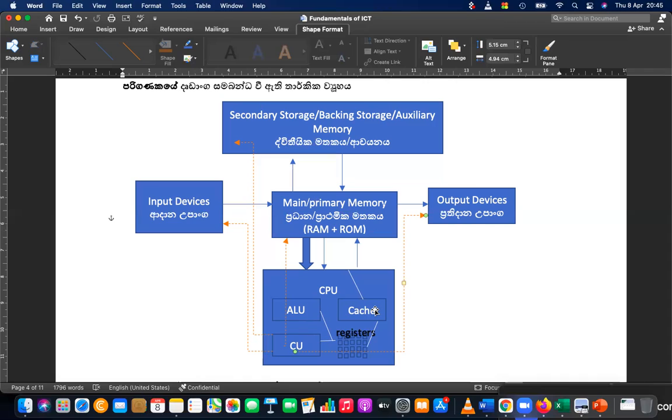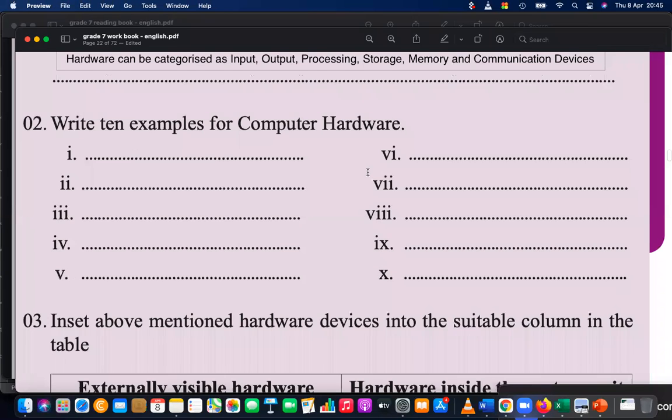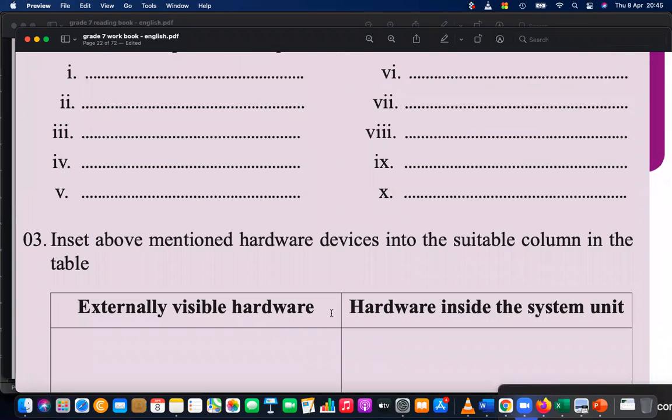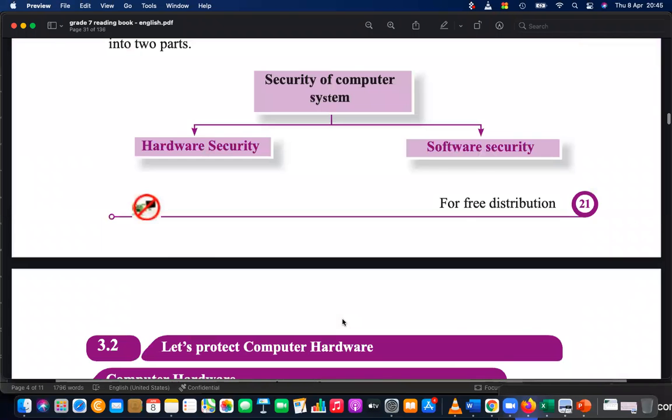Now you know it very well, and you will get some questions in the examinations related to this. Write down examples for computer. What are the external visible hardware and what is inside the system unit? What is the system unit? The system unit is the large box.